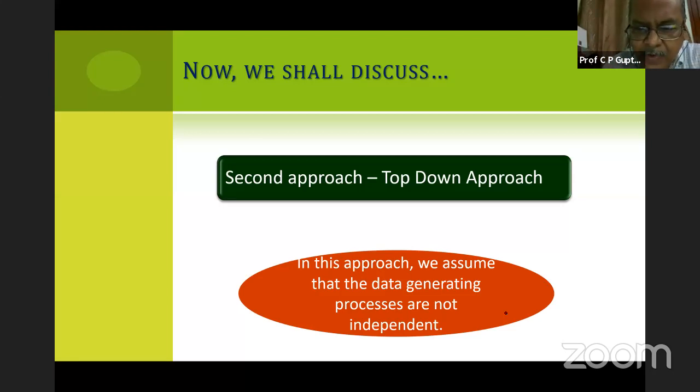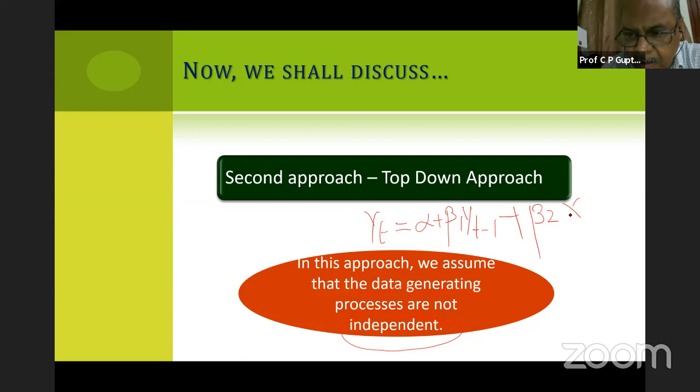In this approach, we assume that the data generating processes are not independent. They are related. So I can say that yt is equal to alpha plus beta 1 yt minus 1 plus beta 2 xt minus 1 plus error term. Suppose I take 1 lag of the variables. What is the assumption I'm making here?